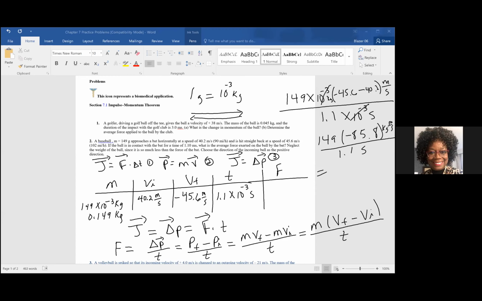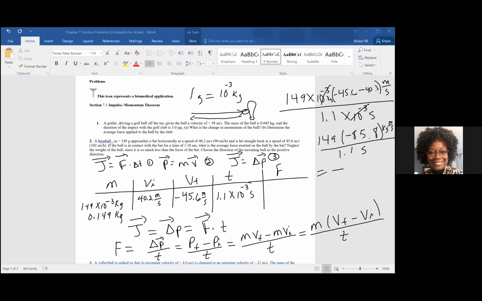And if you notice, this number needs to be negative, which it will be, because the force exerted on the ball by the bat, when the ball is coming in like this, sends it back in this direction. That's why you know this number needs to be negative, because when the ball comes in, it goes back in this direction.